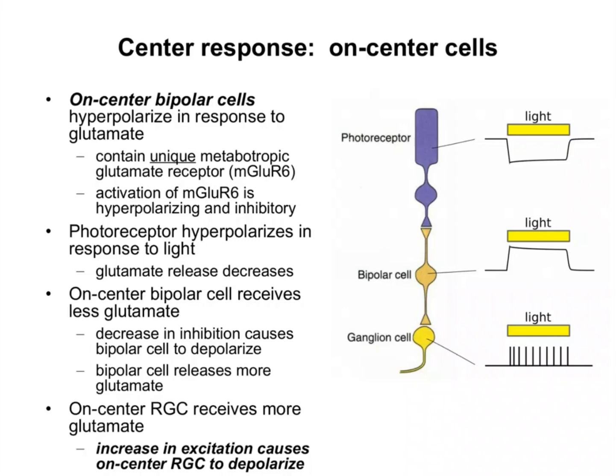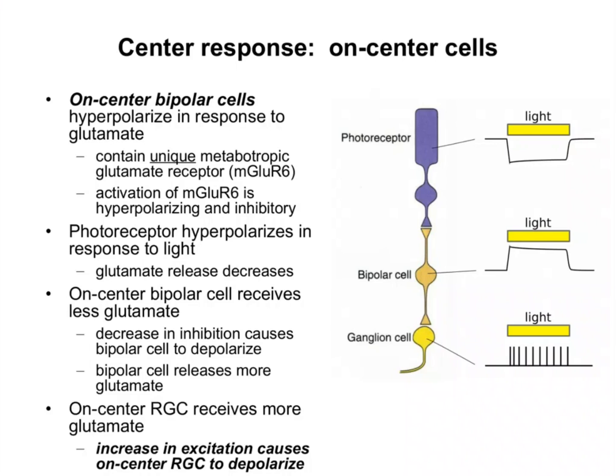Okay, so that's how the synaptic interactions between photoreceptors, bipolar cells, and retinal ganglion cells determine the nature of the center response of retinal ganglion cells. On-center retinal ganglion cells receive their synaptic input from on-center bipolar cells that are normally inhibited by glutamate, but which depolarize when their presynaptic photoreceptors are hyperpolarized by light.